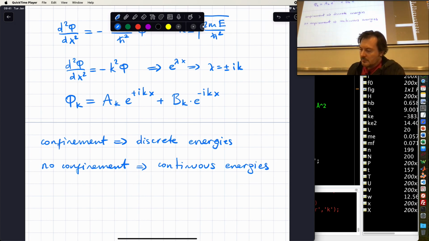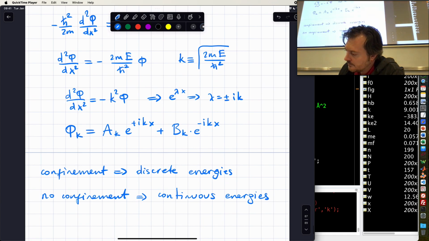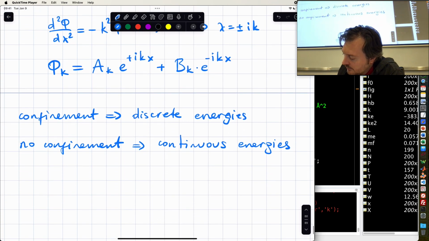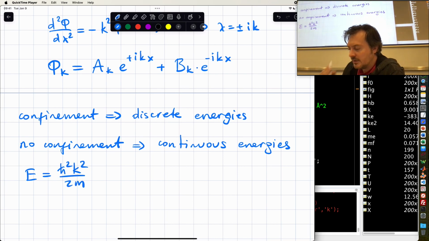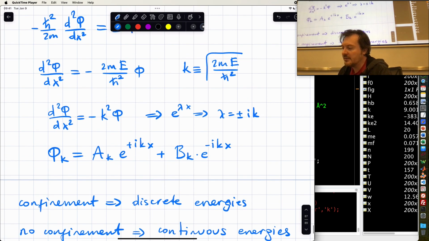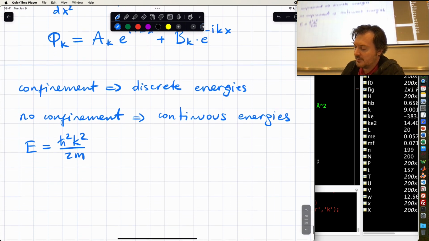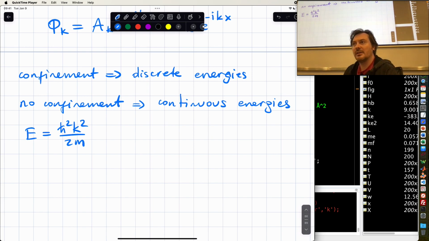So, what is the energy? The energy is h bar squared k squared over 2m. Do you agree with that? Because we have defined k squared to be 2mE over h bar squared. Hence, if you go backwards, energy is h bar squared k squared over 2m. So far, do you have any question?